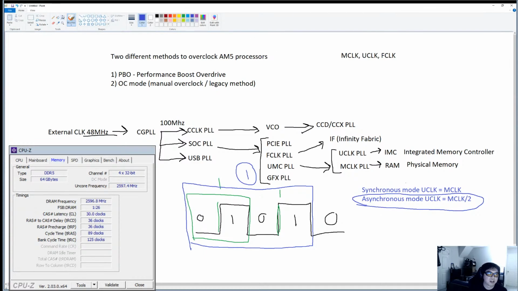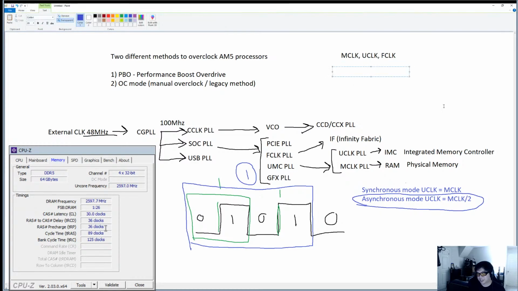I think we talked about it in a previous stream, but the way you can guess if something is Samsung is if the numbers are like 36, 36, 36, 89. If it's SK Hynix, it's usually something different. The CL number will usually be different from the two middle numbers.